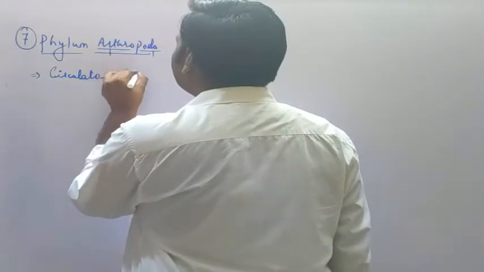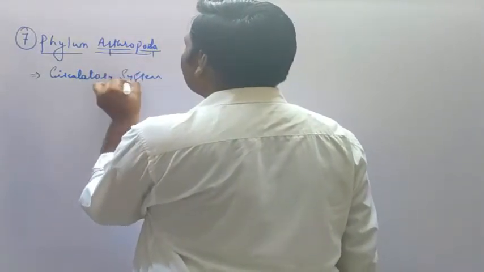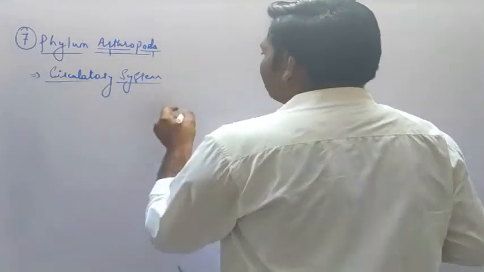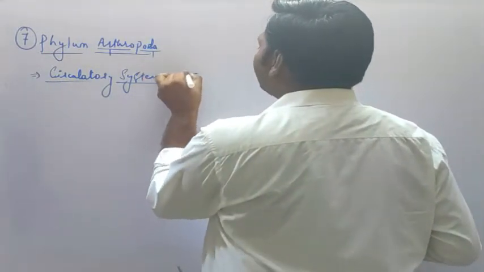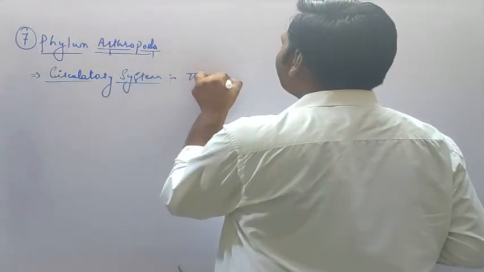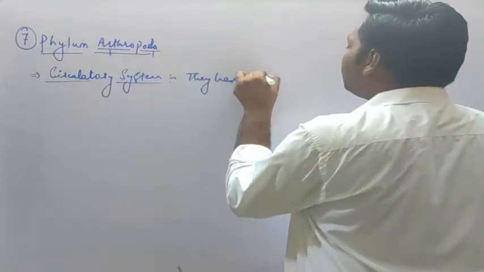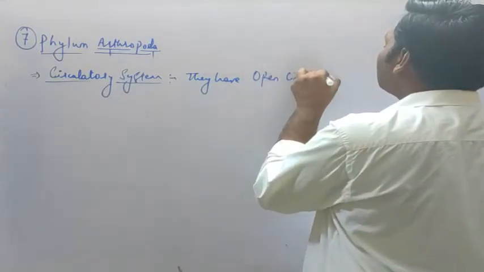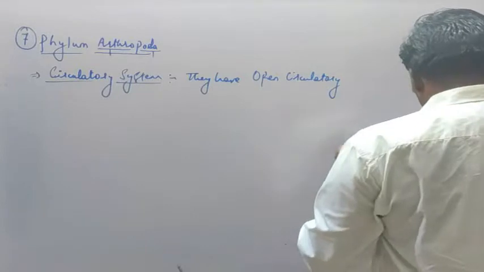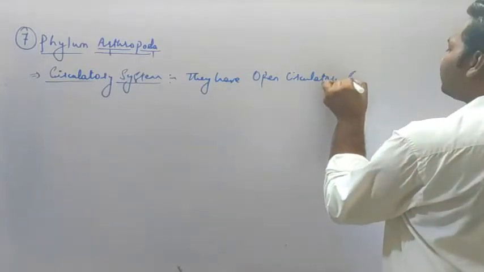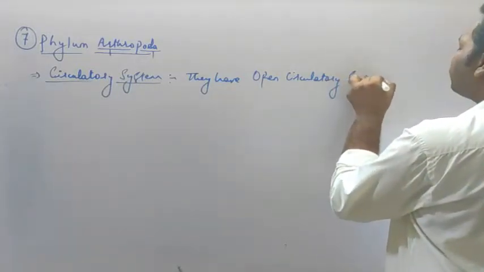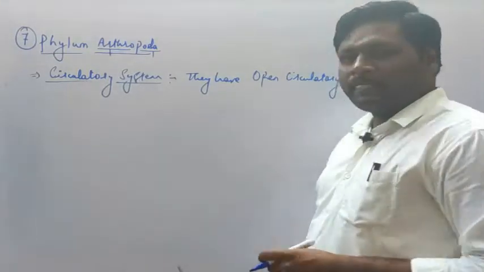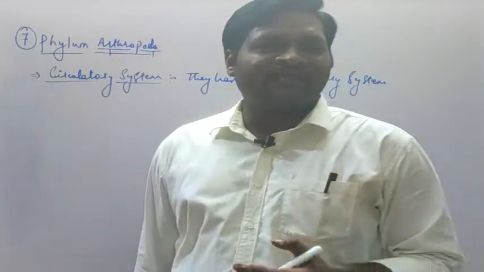Circulatory system. So the circulatory system in case of arthropods is an open circulatory system. What do you mean by open circulatory system? See, open and closed circulatory systems are there.